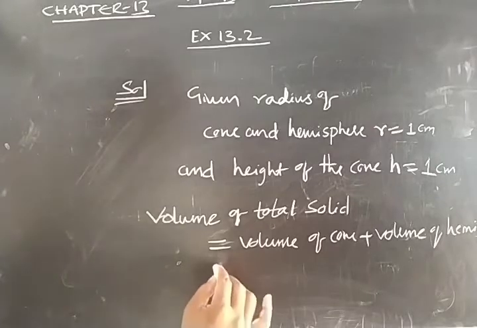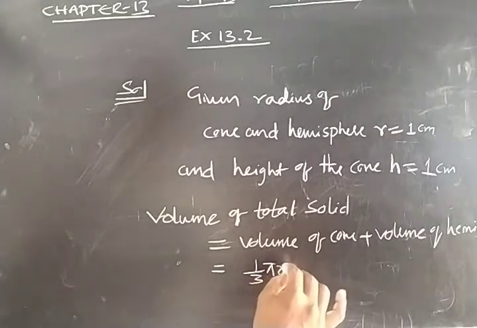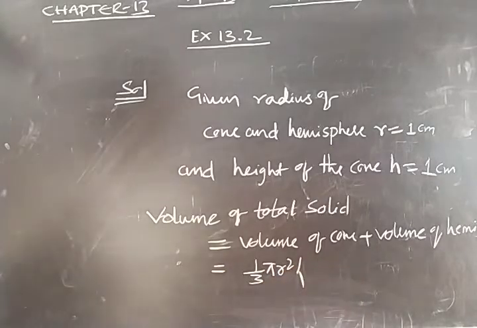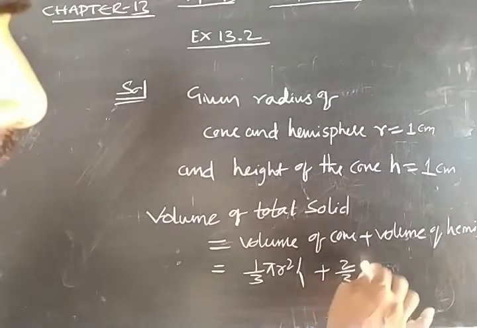Right? The volume of cone formula is what? 1 by 3 pi r square h is the volume of the cone, and the volume of hemisphere is 2 by 3 pi r cube.